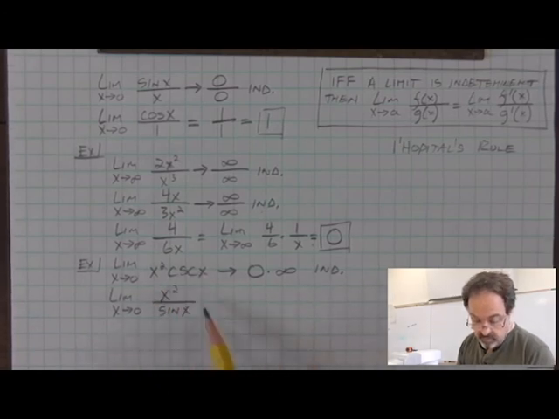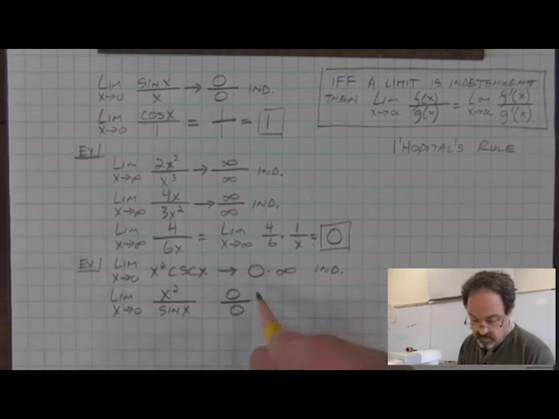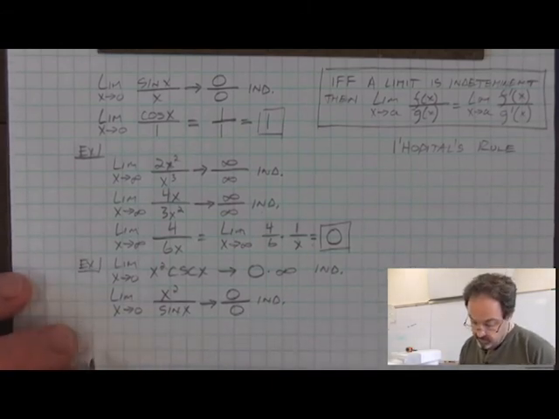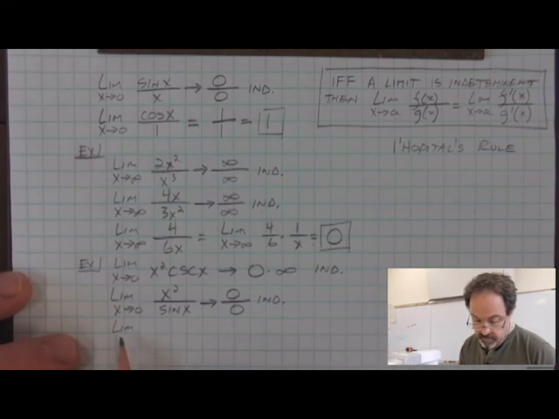These expressions are the same, but now when I substitute 0 in, I can see that I get the familiar indeterminate form. So I can use L'Hopital's rule and reattempt the limit.